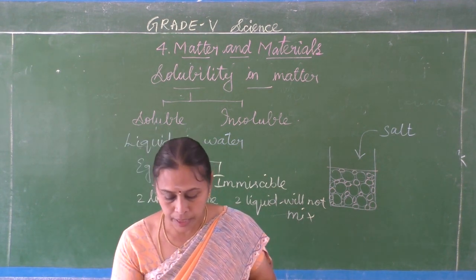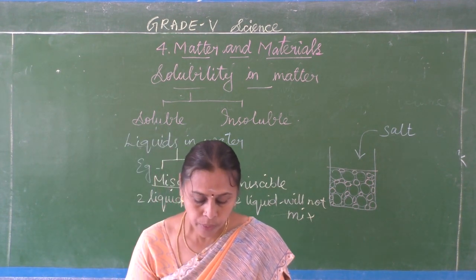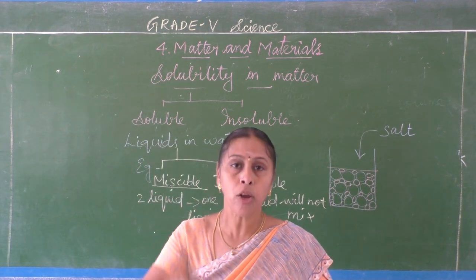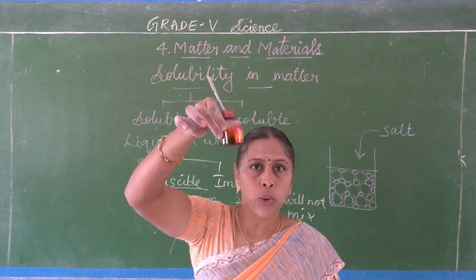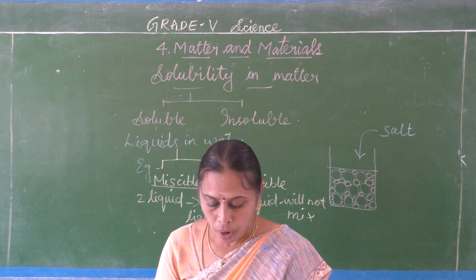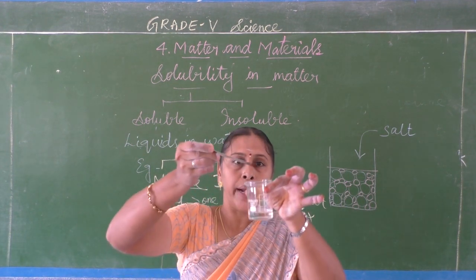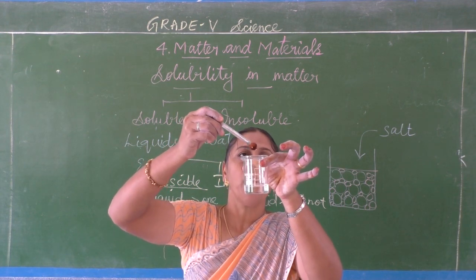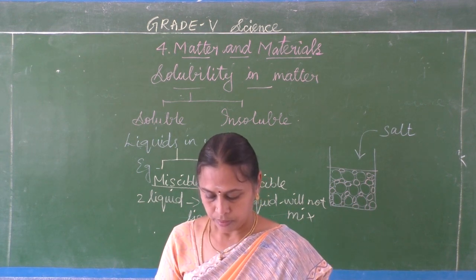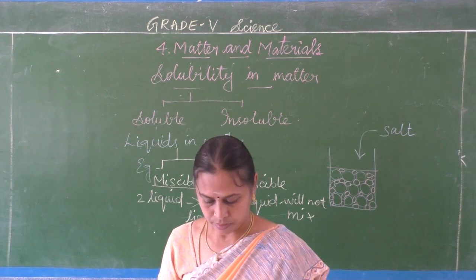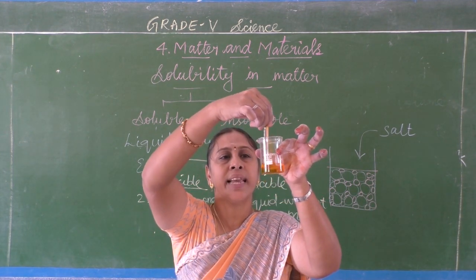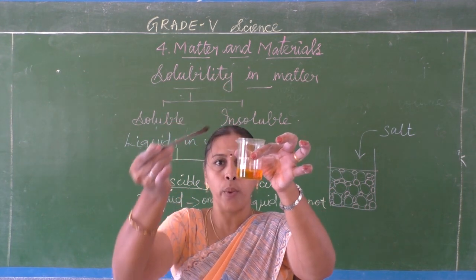For that, I'll show you the first example. I am adding a drop of ink. I think all of you know this is the ink bottle. It is also a liquid, and water. Now I am going to add a drop of ink to this liquid, and the color changes and appears as one liquid.